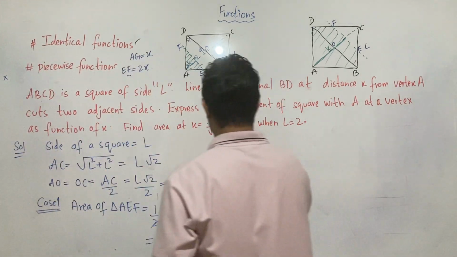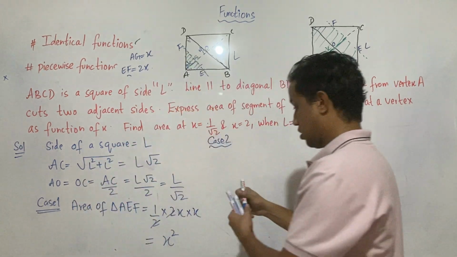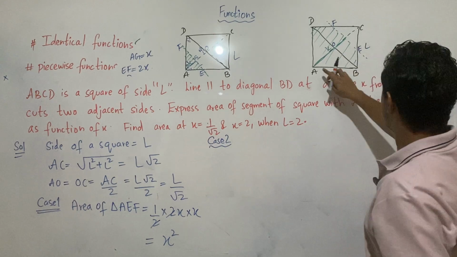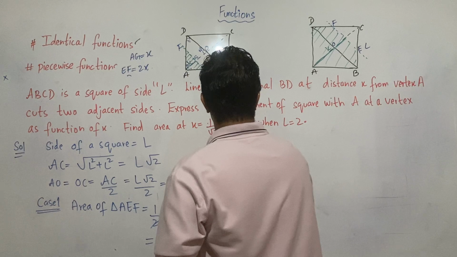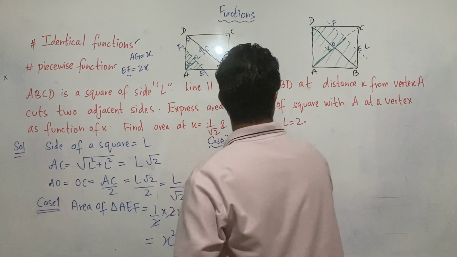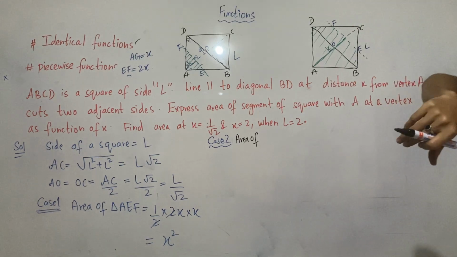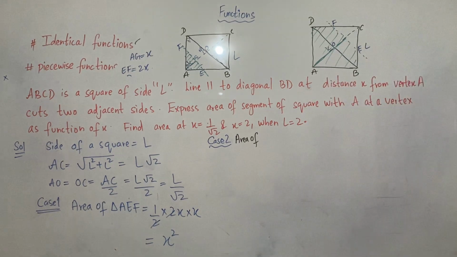Now come to case 2. In case 2, you have to find the area of this segment. What is it going to be? It's going to be a pentagon, right?